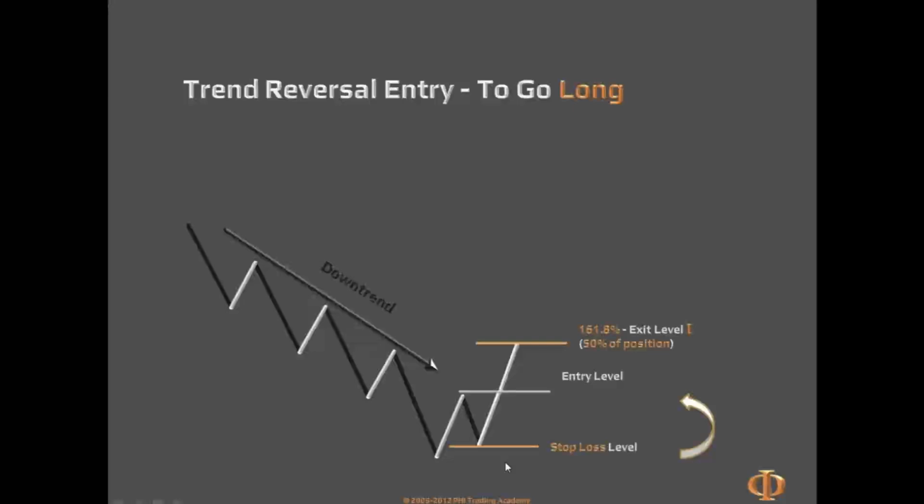Overall, you lose nothing from this trade. Yes, you don't make money, but also you don't lose money. And then, hopefully the market will continue and reach the 261, where you can close the remaining 50% of your position and then wait for another opportunity to enter the market.